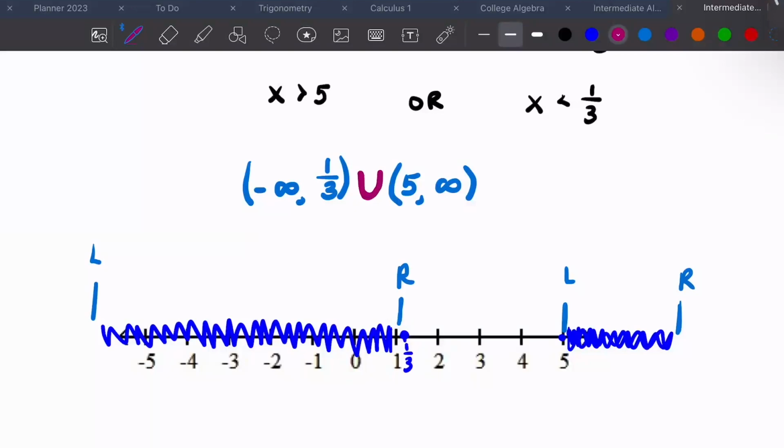And these are "or" statements. It all kind of makes sense like that. You put your union symbol in between. So "or" statements, nothing in common. And "and" statements, everything in common. These always look like this. They always have negative infinity all the way on the left, and they always have positive infinity all on the right.